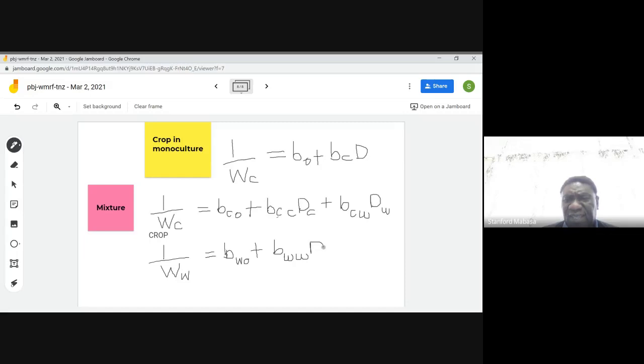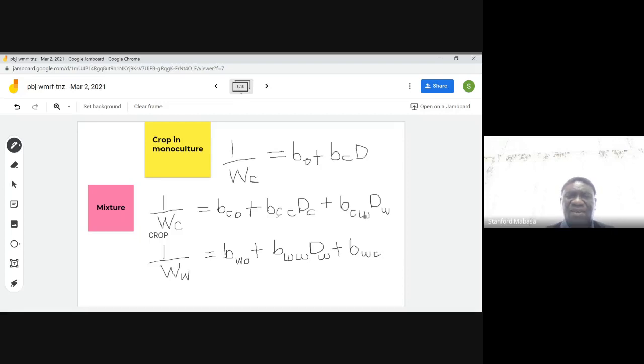Then a D plus another W representing the wheat. Then we write this slope for the crop. Here we had CW. This now becomes W C.